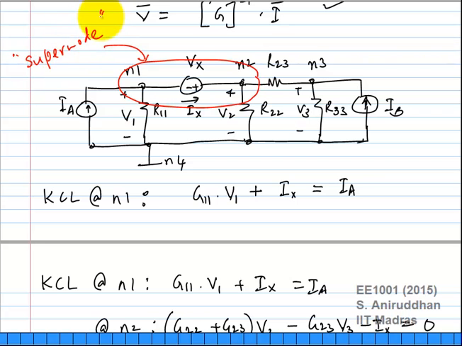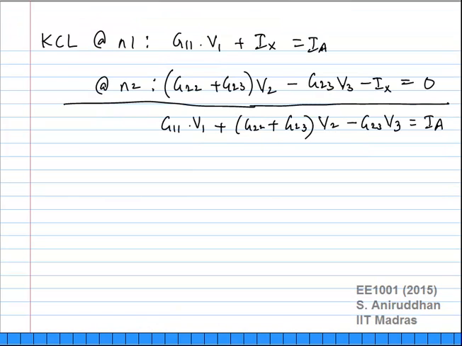Okay, if I had written KCL for the super node, what would that have looked like? You would have got V1 times G11, plus V2 times G22, plus V2 times G23 minus V3 times G23, is equal to the sum of all independent currents entering the super node, which is just IA.